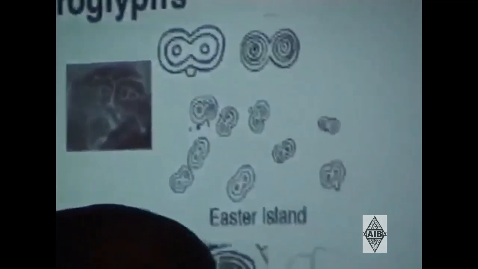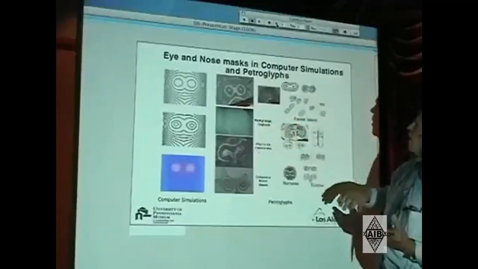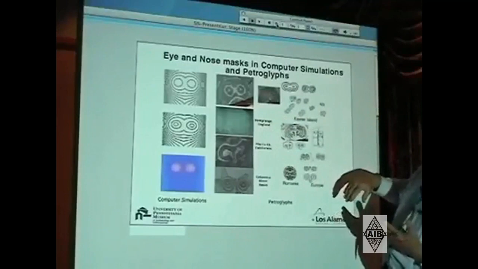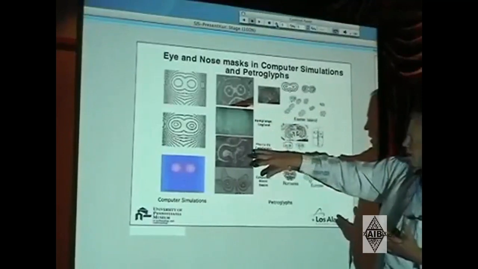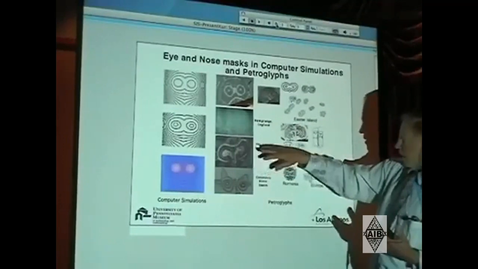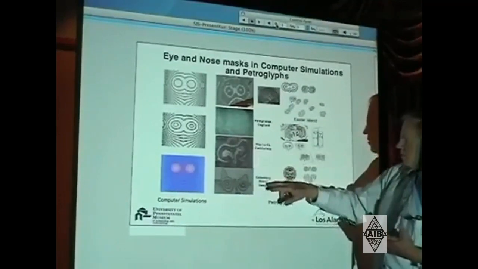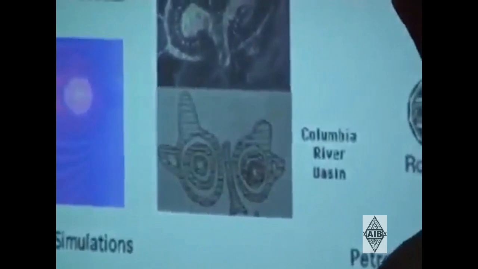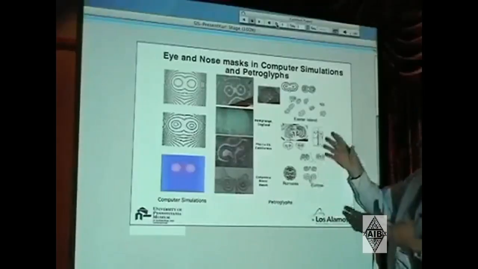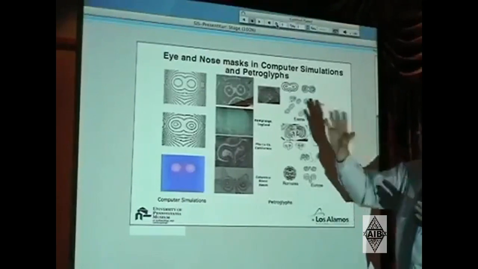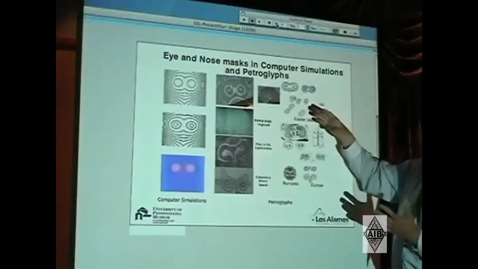This is Easter Island, New Grange. Where else? This is in California. This is actually a pictograph of the Chumash Indians. This is on the Columbia River Basin, which is very rich in eye mask, as is British Columbia. It's Romania, Europe. Everywhere you find this classification of petroglyph.